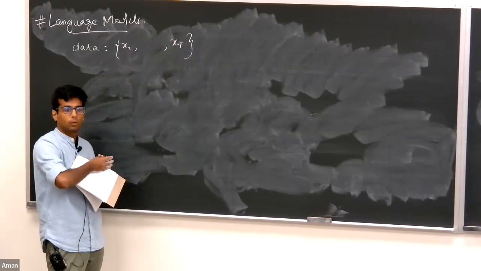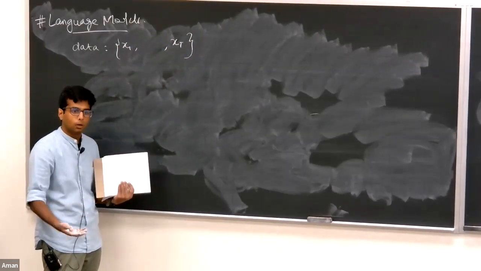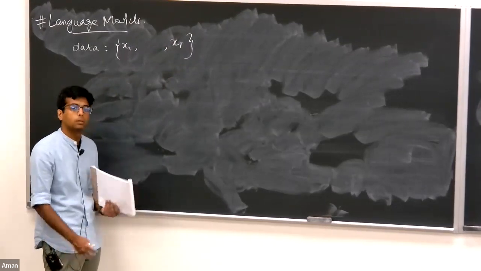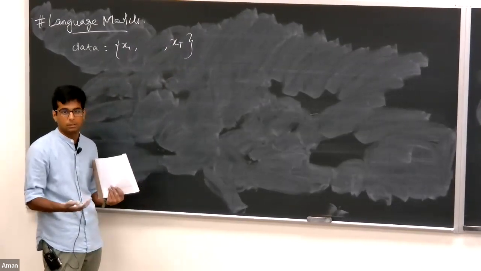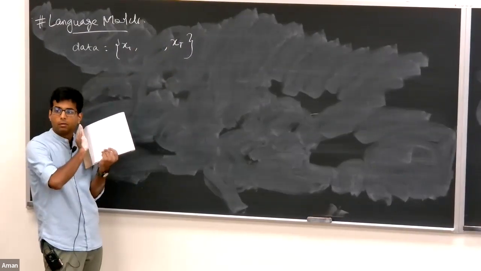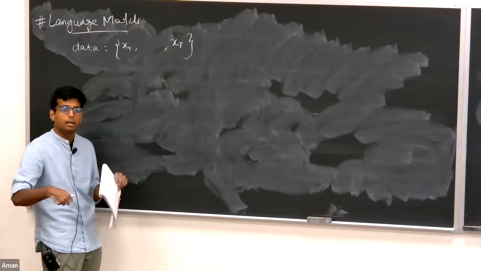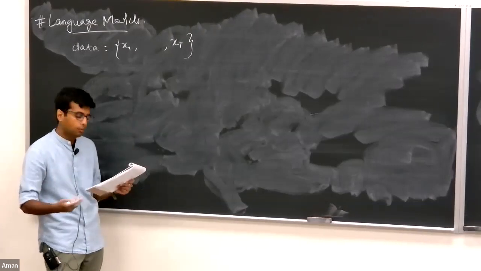Let's say you have one Wikipedia page, and the entire page is what you want to train a model on. And people do this with billions of Wikipedia pages, so multiple trillions of words flowing together, and you try to train a model so that it starts understanding language just by reading a lot of language.